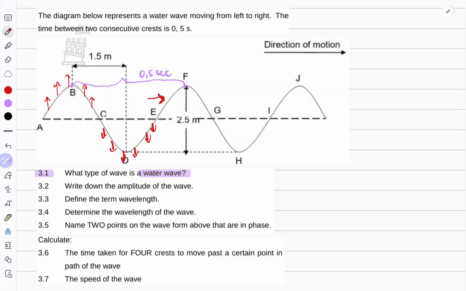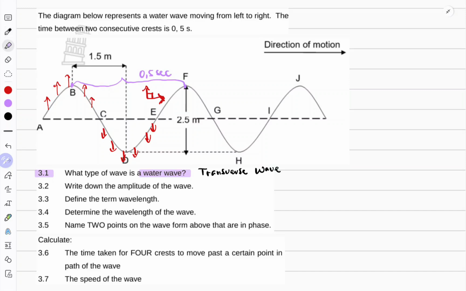So when the direction of the movement of the particles is perpendicular to the direction of the propagation of the wave, we say the wave is a transverse wave. So for the first question, the answer is transverse wave.